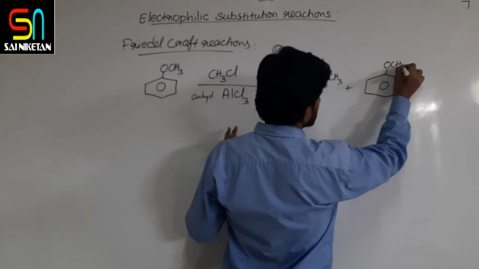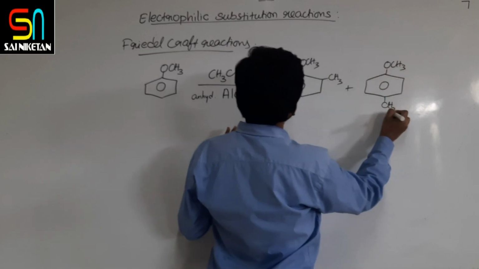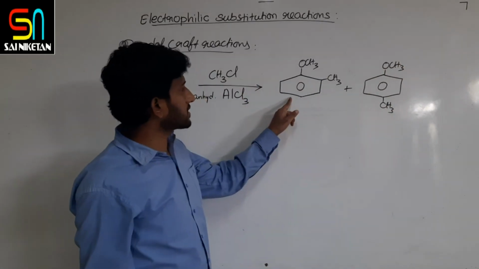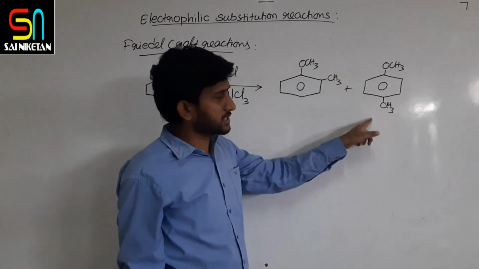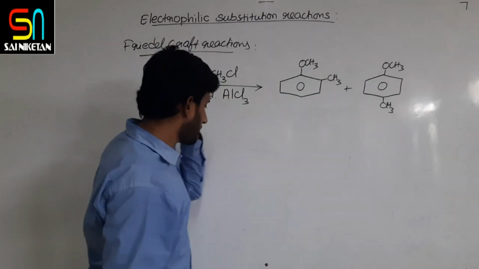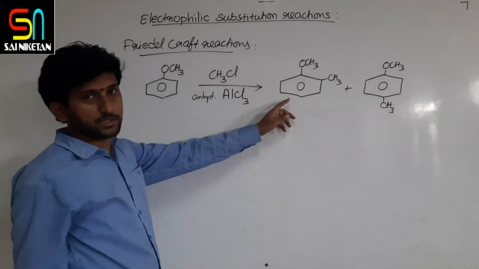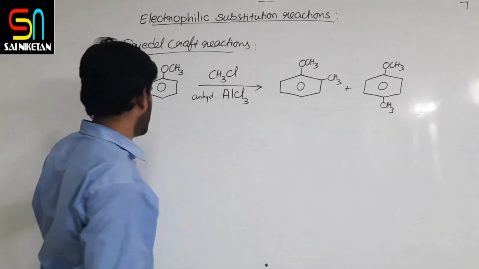Now what are the products obtained? This is orthomethoxytoluene, paramethoxytoluene. So we are calling it toluene, orthomethoxy, paramethoxytoluene.